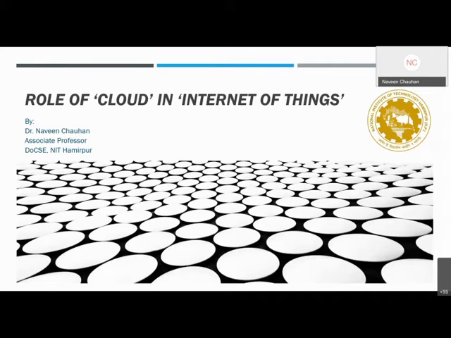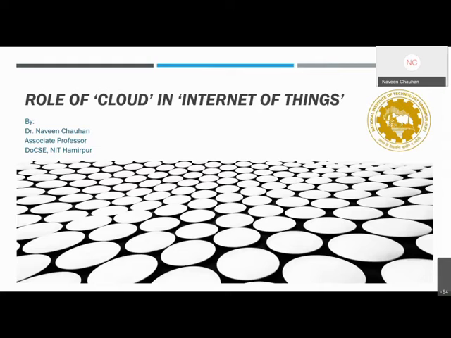My previous resource persons have actually talked about cloud computing. So I thought of this particular topic: how we are going to integrate the cloud with the Internet of Things. My discussion today would be a very generic one, emphasizing the different aspects of cloud computing, what the challenges are, and how we are going to mitigate those challenges.